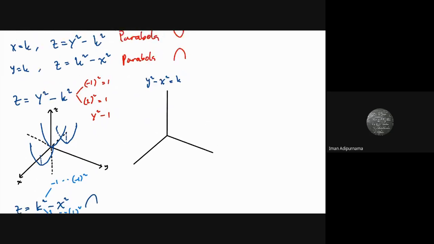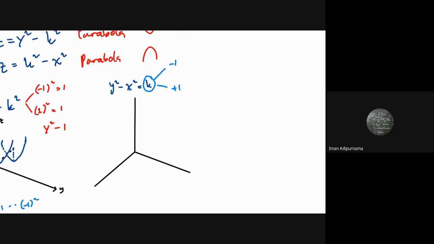Now the k value can be negative or positive, right? And depending on negative and positive, you will get the hyperbola. It can be like that, or like this. So we'll have two hyperbolas.